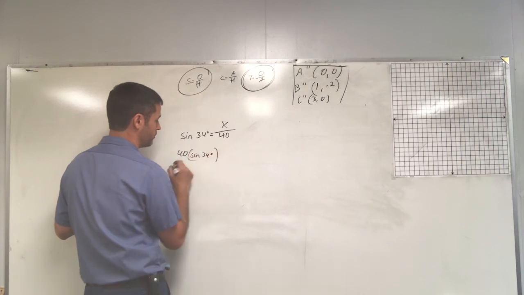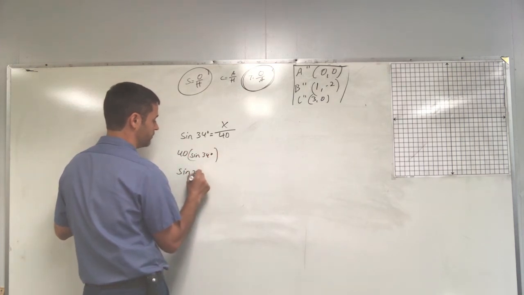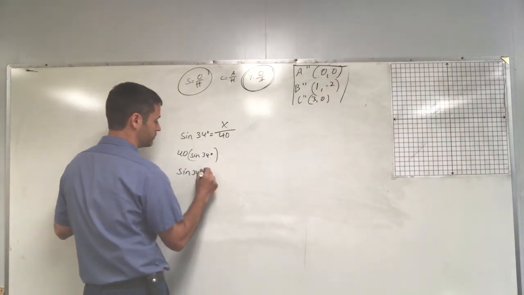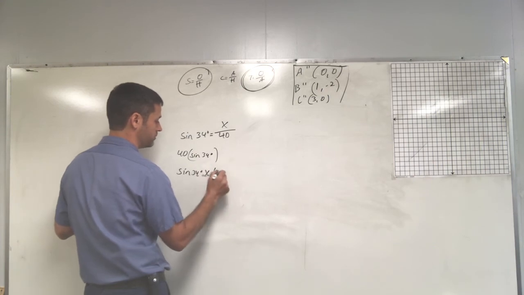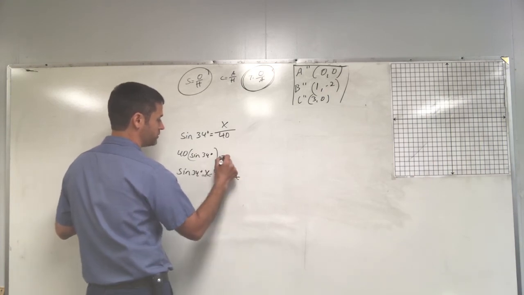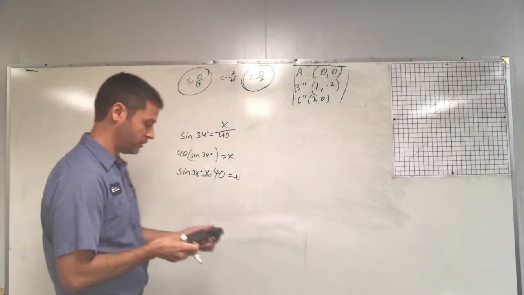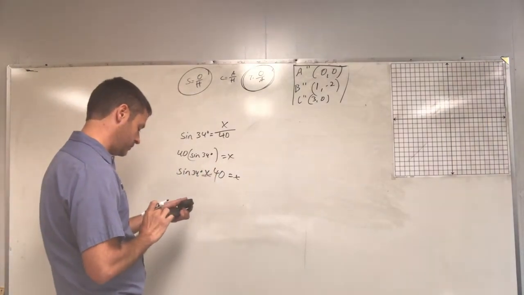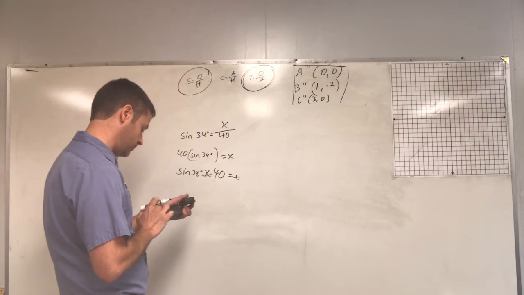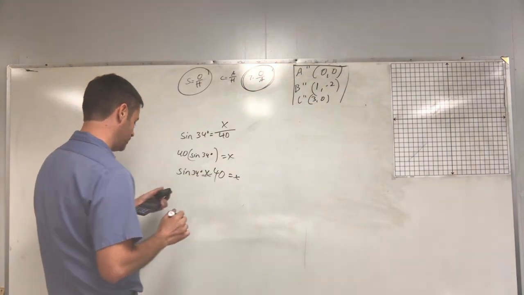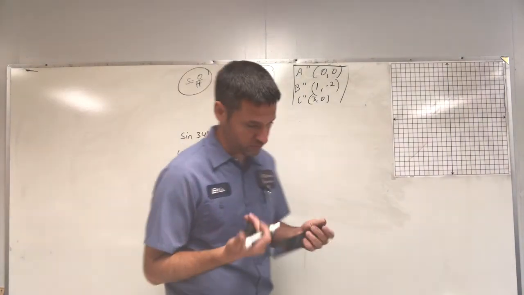I don't care if you do it that way or if you say the sine of 34 degrees times 40. It doesn't matter. All that equals x. So x equals 40 times the sine of 34 degrees. If you use your calculator correctly, 40 times the sine of 34 equals 22 something feet.